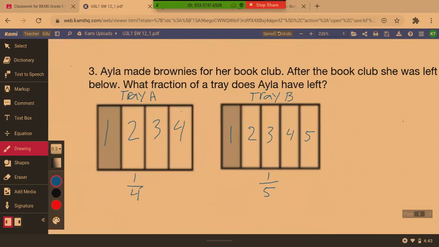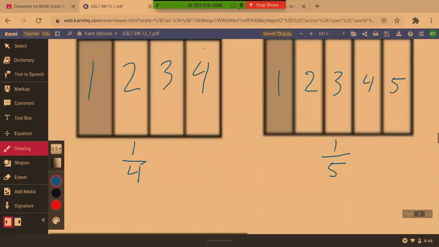So they want to know, these combined, how much of a single tray is left? So what we need to do is to get these fractions on the same denominator. Goodness.